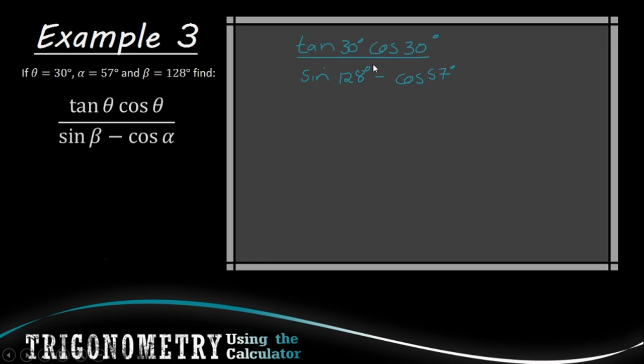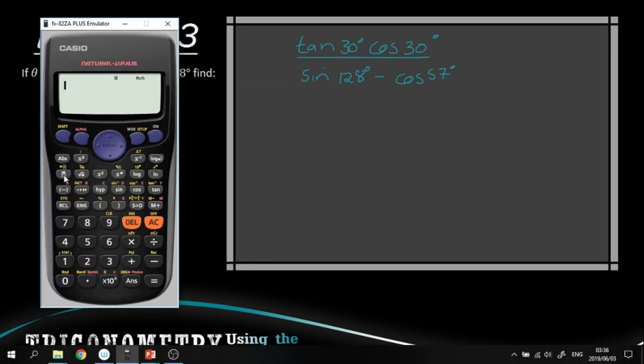So typing that in, we simply create our fraction, then we have tan of 30 times by cos of 30 over sine of 128 minus cos of 57.